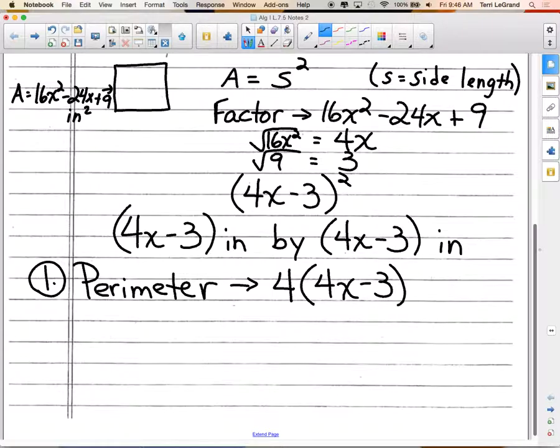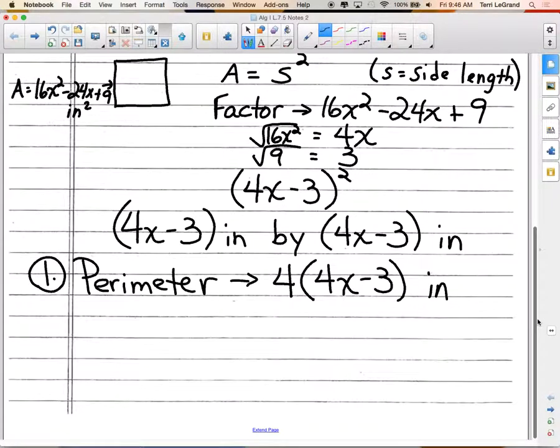Are these inches still, or inches squared? They're still inches. We're adding inches up, and inches added to inches is still inches. And then let's simplify this. What does this become? 16x minus 12, and those are inches, right? So there's our first answer, an expression for the perimeter.